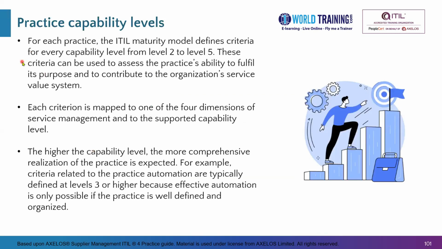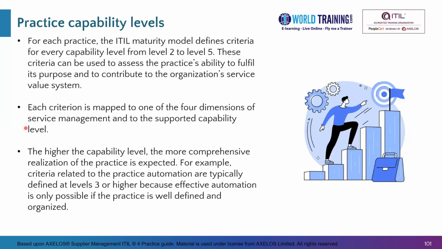In summary, there are capability levels from 2 to 5. Of course, we have level 1, but that is not a mature level at all. And the criteria for each PSF for every level can be a measure or indicator of the practice maturity level and how the practice contributes to the overall organization service value system.